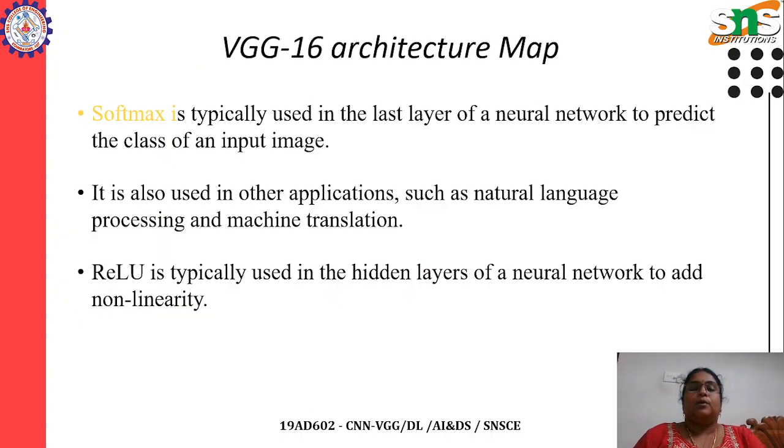So this is all about the VGG 16 architecture and the important layers present in it. As we have already discussed, the convolution layer processes the pixel data, and it has filters to filter the unwanted data present in the layer.